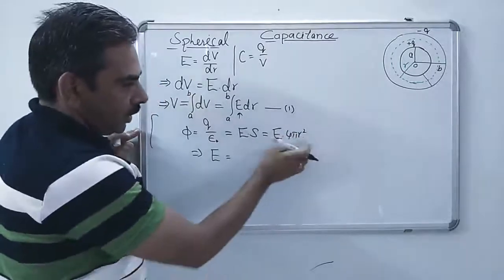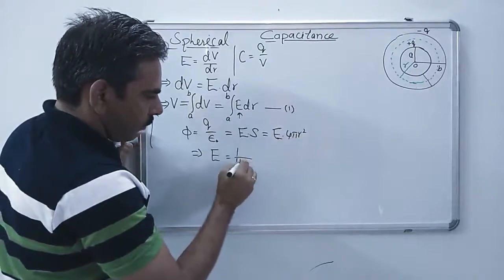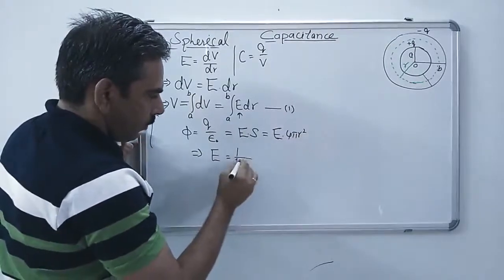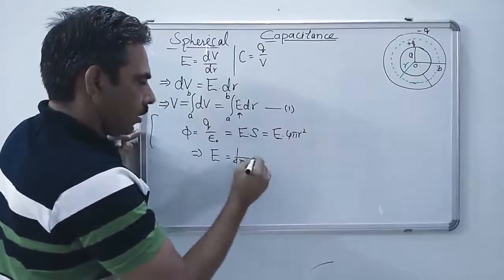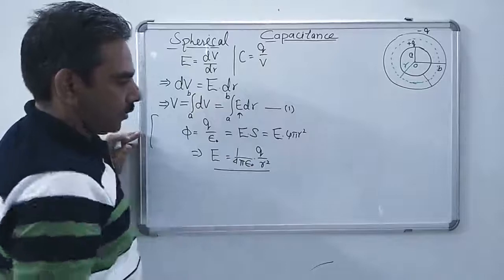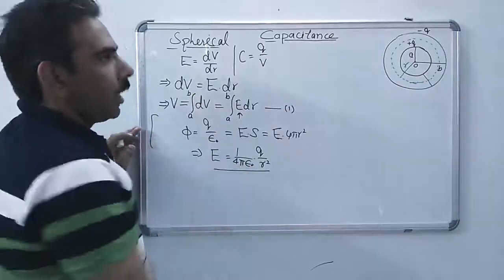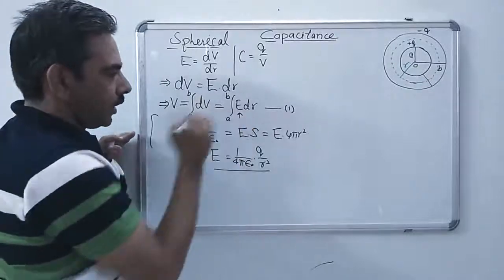So from here E is nothing but it goes to the other side and we are left with only 1 upon 4 pi epsilon naught into Q upon r square. So this is the electric field at any point r.